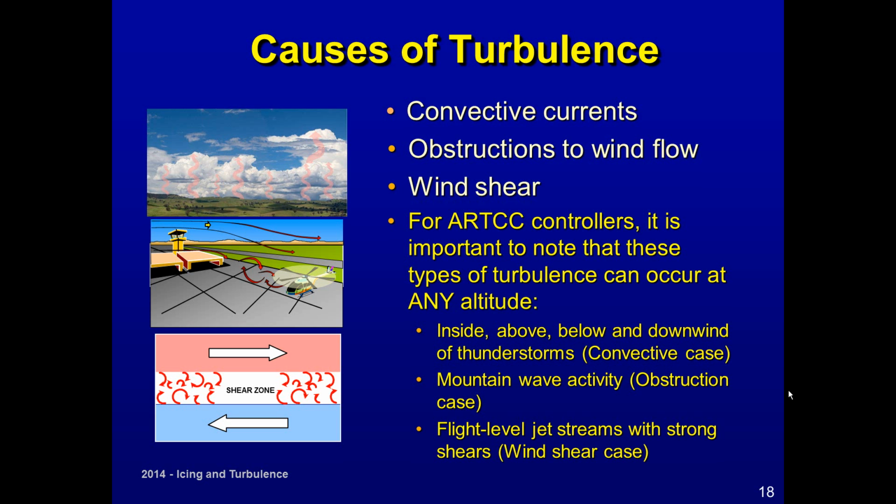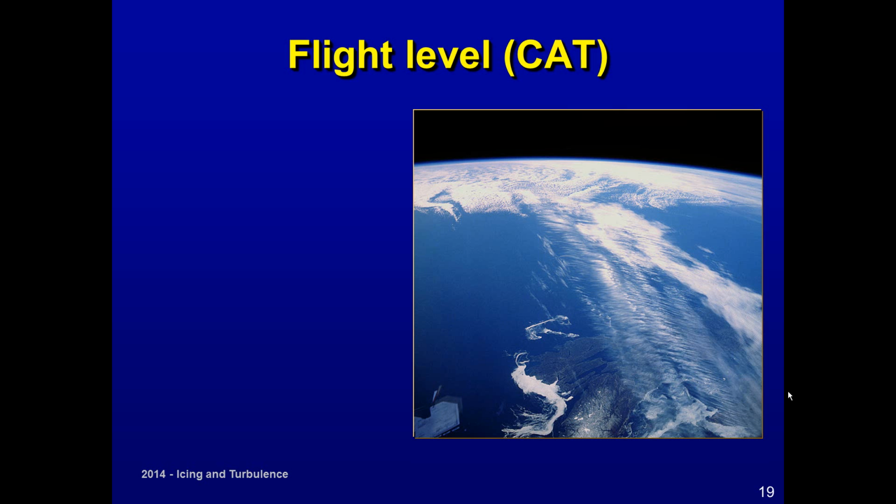And with wind shear aloft, you can encounter turbulence inside flight-level jet streams. We call turbulence that is not related to convection or thunderstorms clear air turbulence, or CAT for short, although it doesn't have to occur in clear air, and clues to the presence of CAT can be seen sometimes in existing cloud patterns, which we will see later.